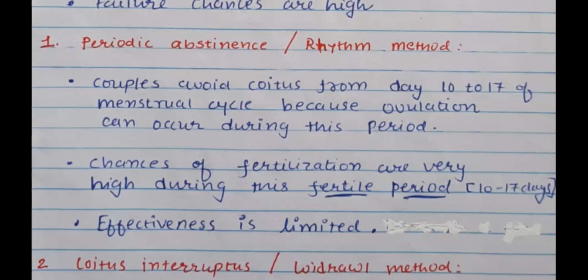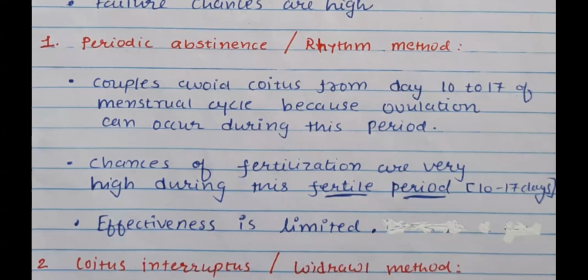And do you know the viability period of the ovum? Viability means, once it is released from the ovary and enters the fallopian tube, for how much time it can be alive and can be fertilized by sperm. Correct, 24 hours, which means 1 day.